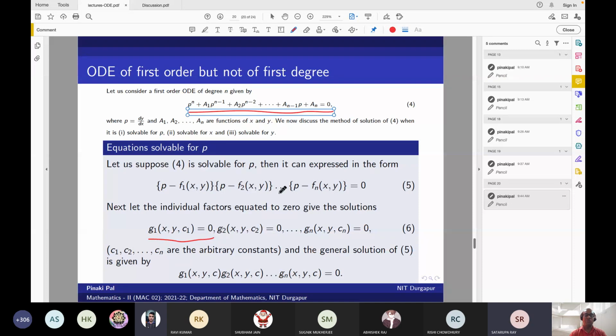So the product of n factors is equal to 0, and we have to individually take the factors, make each equal to 0, and solve the first order differential equations.